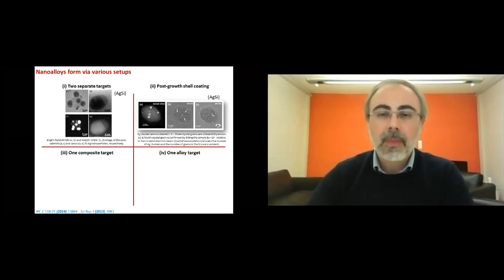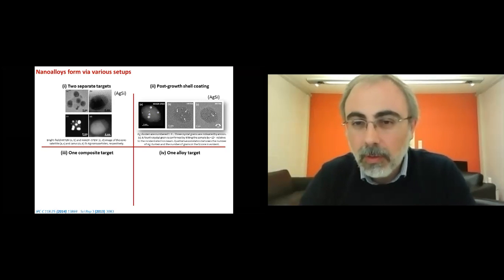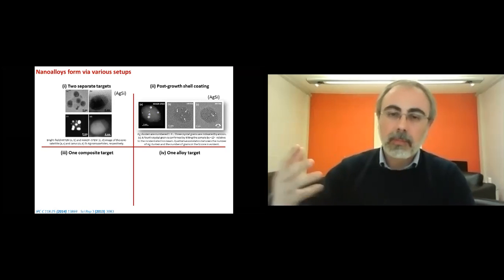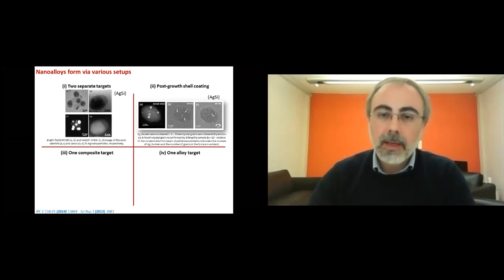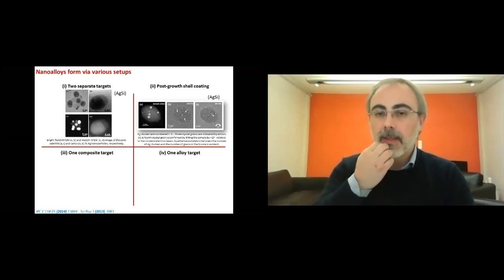And this is very clearly indicated. It's not very clear because the images are quite small, but you notice that the number of silver satellites corresponds exactly to the crystalline domains in the core of the silicon nanocluster.